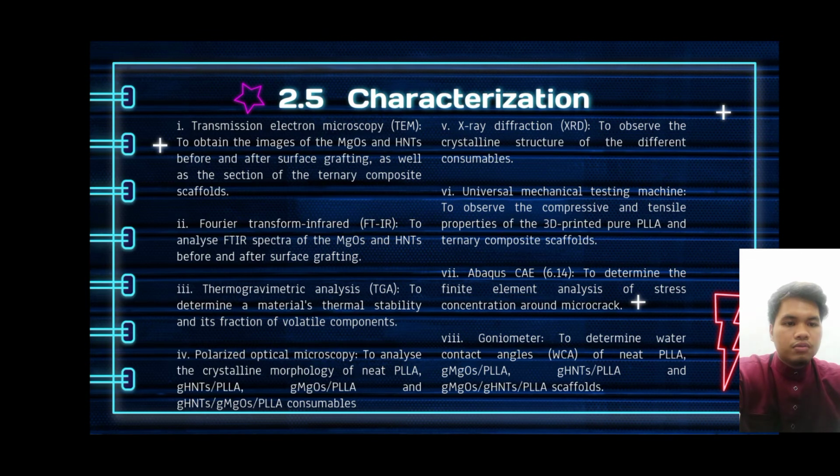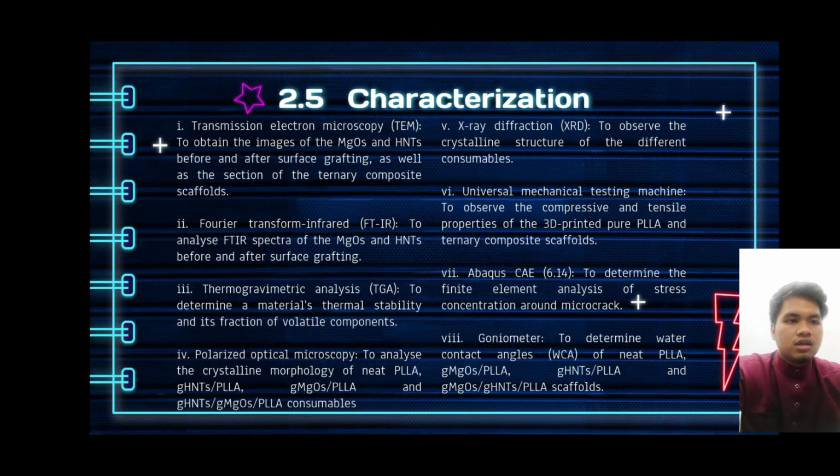Next, polarized optical microscopy to analyze the crystalline morphology of PLLA, GHNTs, GMgOs and GHNTs PLLA ensemble.